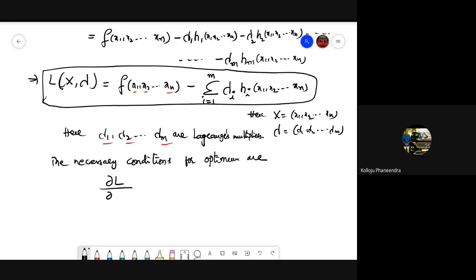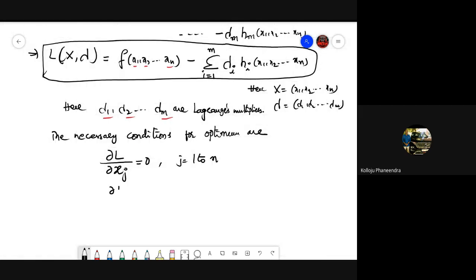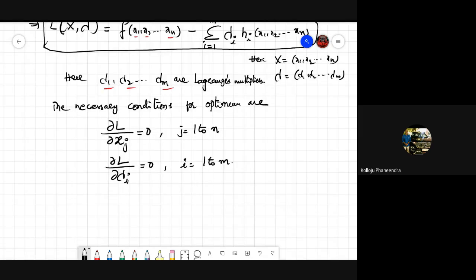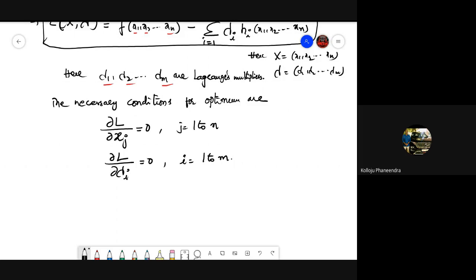Now for all the variables, del L by del xj equal to 0, j equal to 1 to n. And the other unknowns are the Lagrange's multipliers, so del L by del lambda i equal to 0, i equal to 1 to m. These are the necessary conditions.